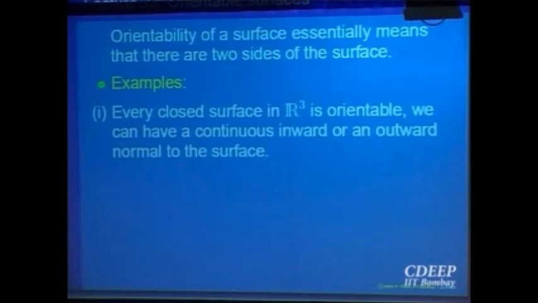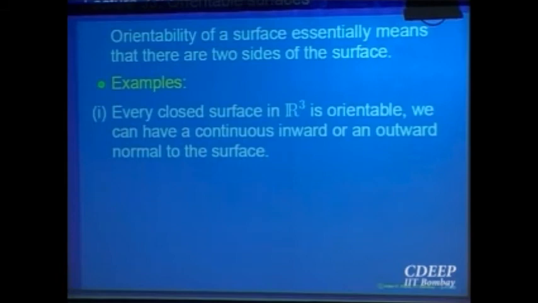You can always take a normal. What is normal? An arrow sticking out from the sphere. As you vary the point, this will vary continuously, intuitively. At least geometrically it's clear that for a sphere, either I can choose a normal going out, or I can choose the one pointing towards the origin. Two possibilities are there.